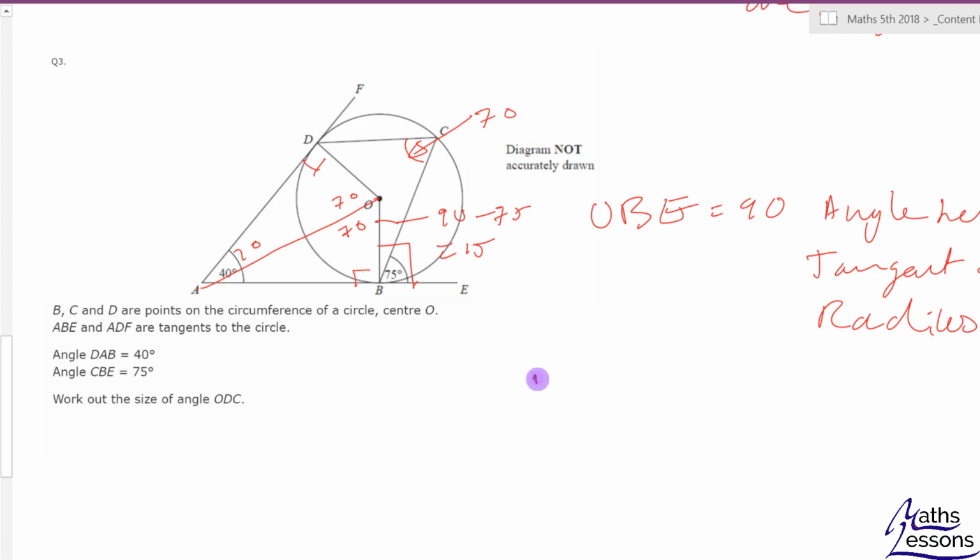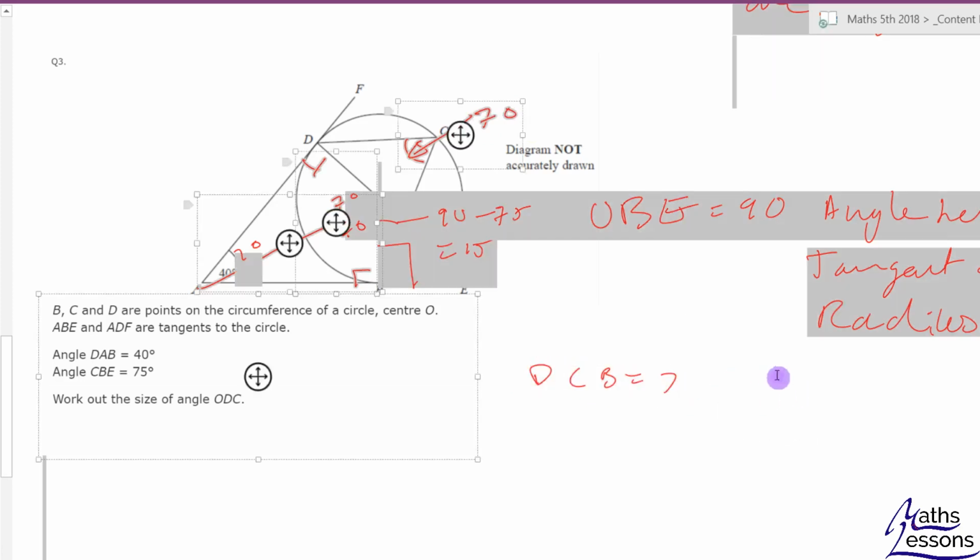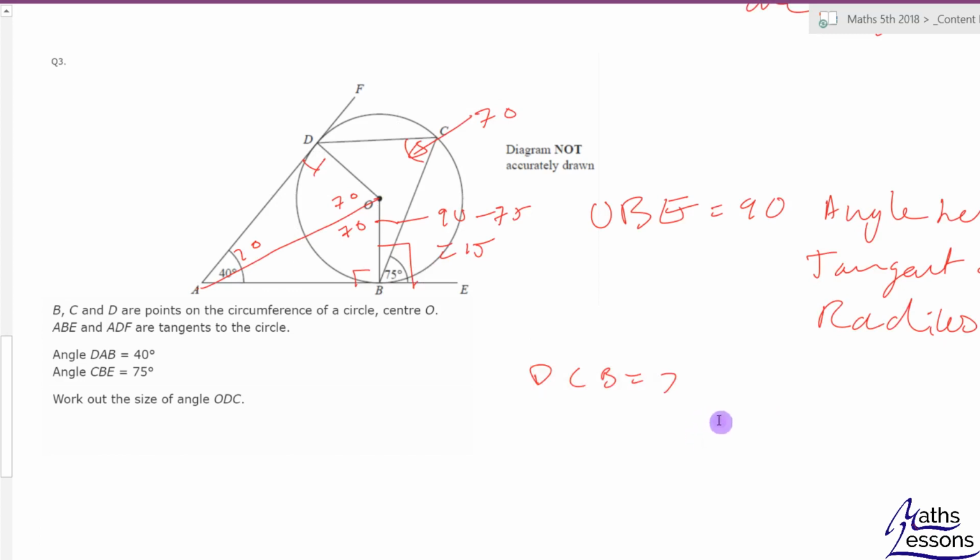So we know that DCB equals 70 as angle at the centre equals 2 times angle at the edge. Okay, so DCB is 70.